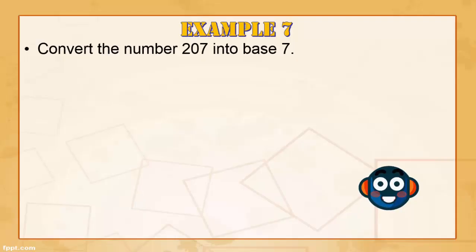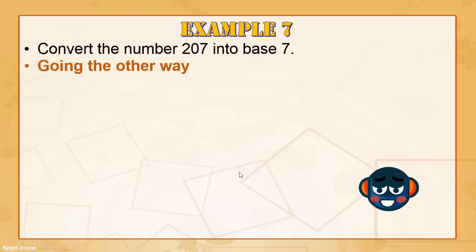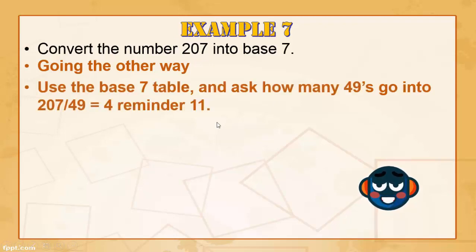Reviewing what we just did on the whiteboard, as you probably have noticed, we're now going the other way from example 6. So we're going from 207 base 10 into base 7 and seeing if we get back what we had in number 6. So we use the base 7 table and ask how many 49s go into 207. And we find that there are 4 with a remainder of 11.